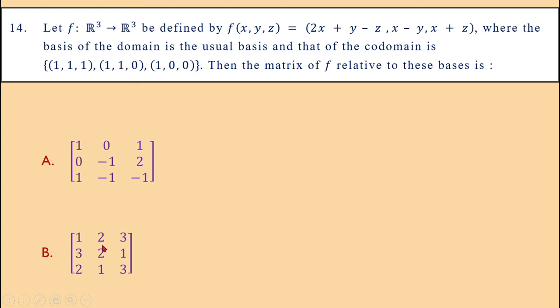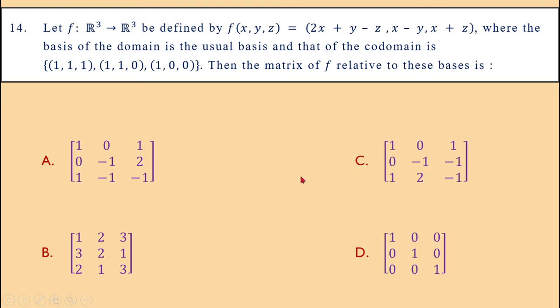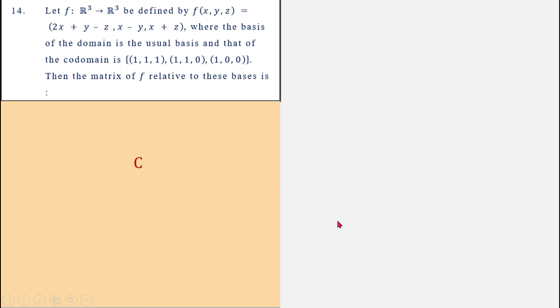Second option is a 3 by 3 matrix, column wise 1, 3, 2, 2, 2, 1, 3, 1, 3. Third option is a 3 by 3 matrix, column wise 1, 0, 1, 0, minus 1, 2, 1, minus 1, minus 1. Fourth option is a 3 by 3 matrix, column wise 1, 0, 0, 0, 1, 0, 0, 0, 1. And the correct option is option C.